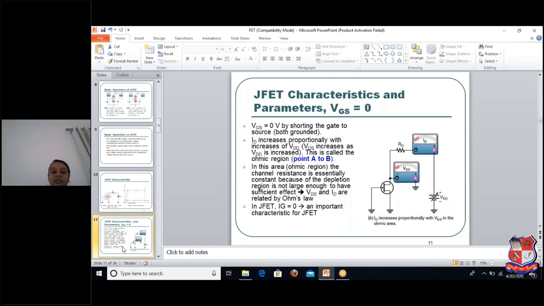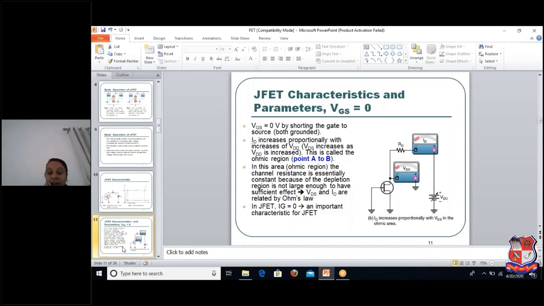We discuss this later because it follows Ohm's law. In this area the channel resistance is initially constant because the depletion region is not large enough. So VDS and ID are related.